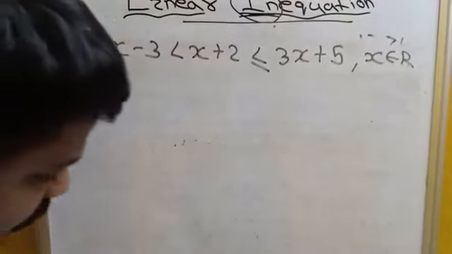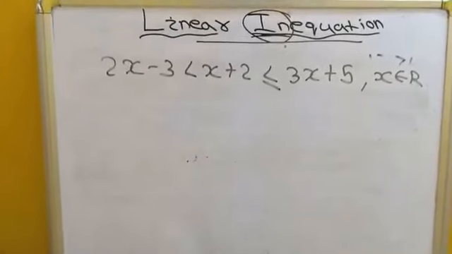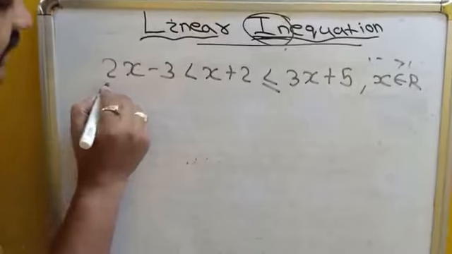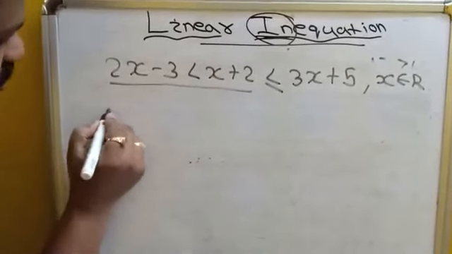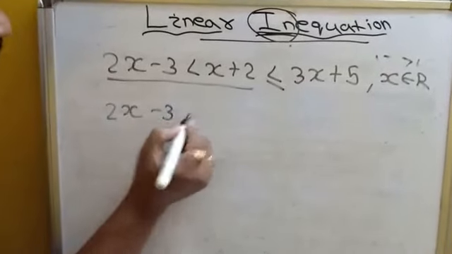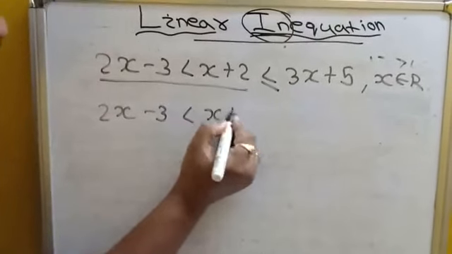How can you solve it? First step, take 2x minus 3 less than x plus 2.